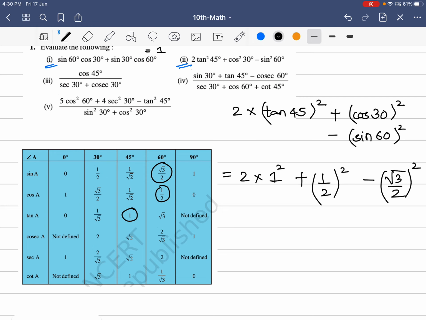So don't forget the square. That is equal to 2 into 1 is 2, plus 1 by 2 the whole square is 1 by 4, minus root 3 by 2 the whole square is 3 by 4.